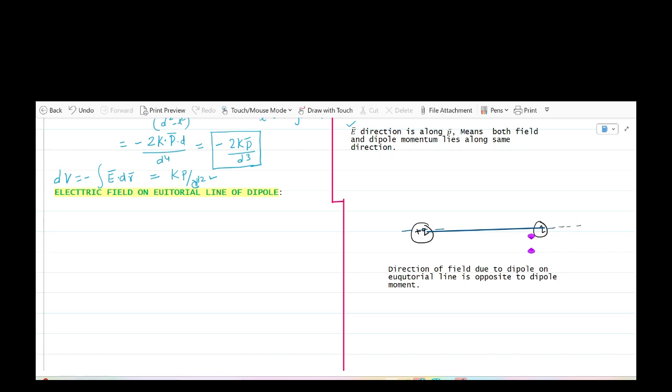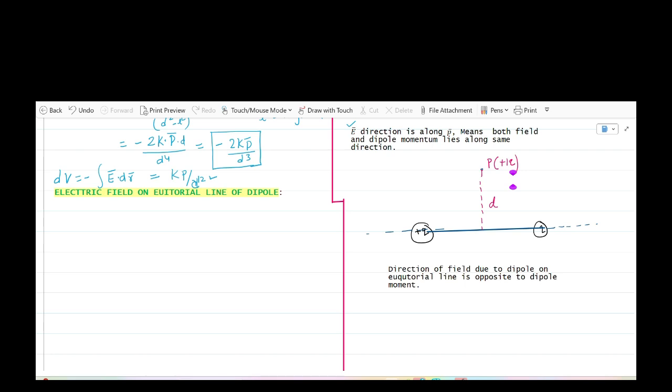As we know, this line is the axial line. Now the equatorial line is the bisecting line. At a distance d from the axis of the dipole, there is one point having plus 1 coulomb of charge.